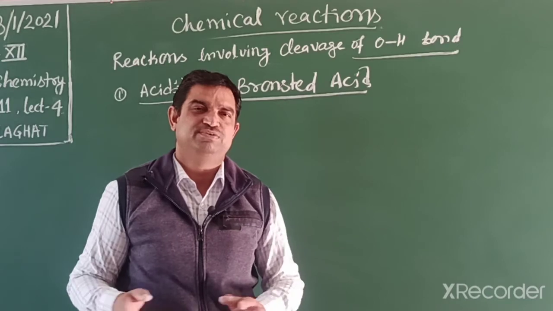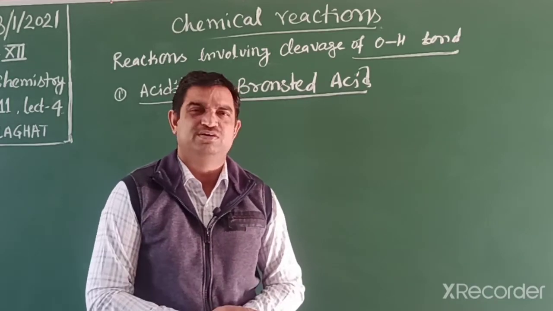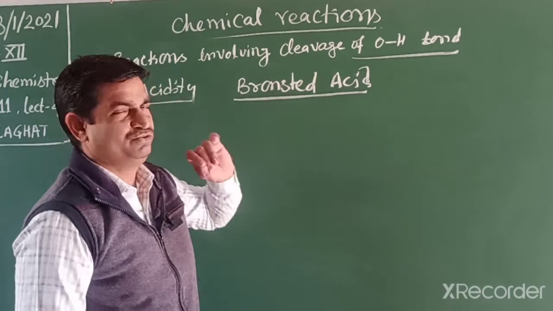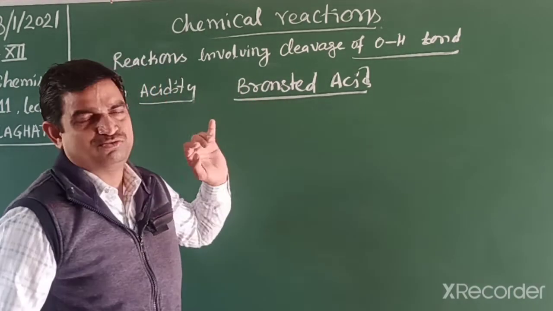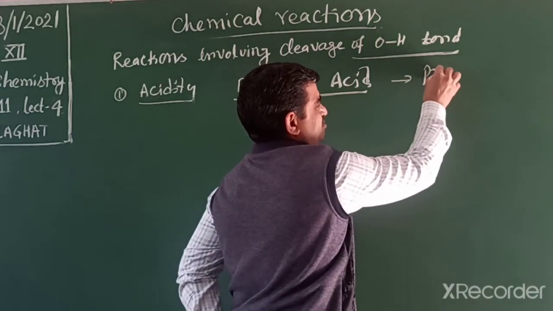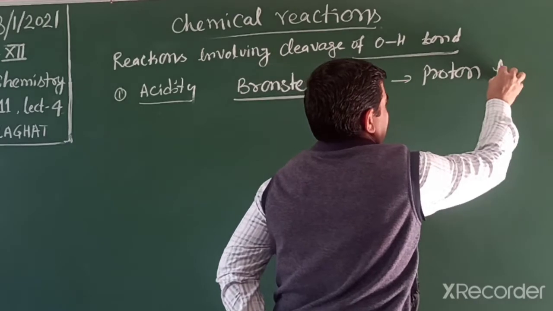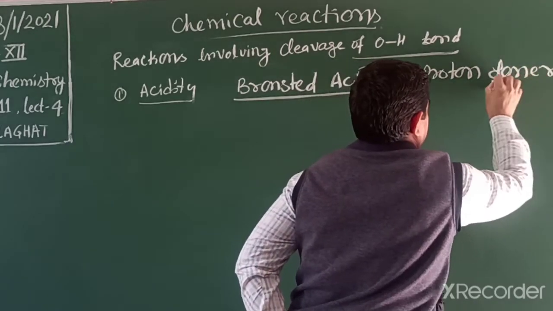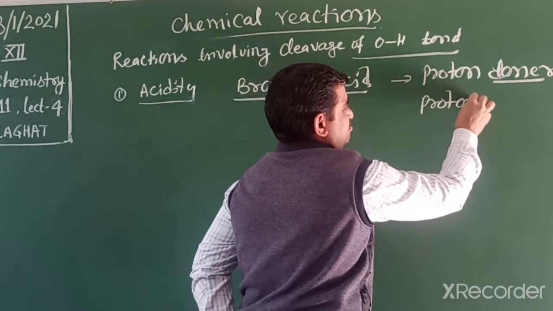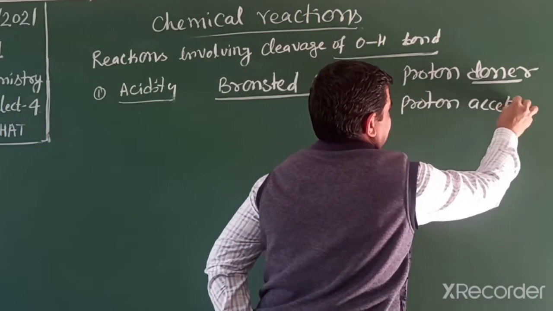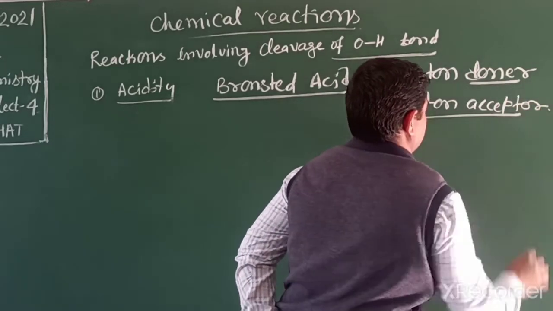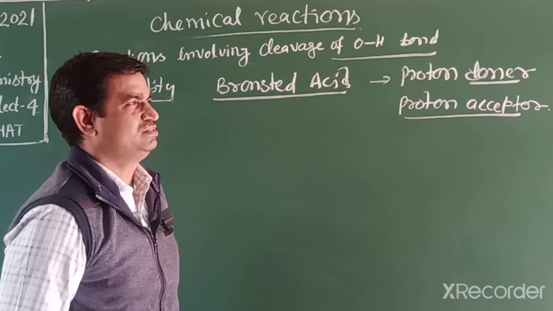Those substances that, when dissolved in water, produce hydronium ion are known as acids, and those that produce hydroxyl ion are bases, according to Arrhenius theory. And according to the Brønsted-Lowry concept, those substances that are proton donors are known as acids, and bases are proton acceptors.